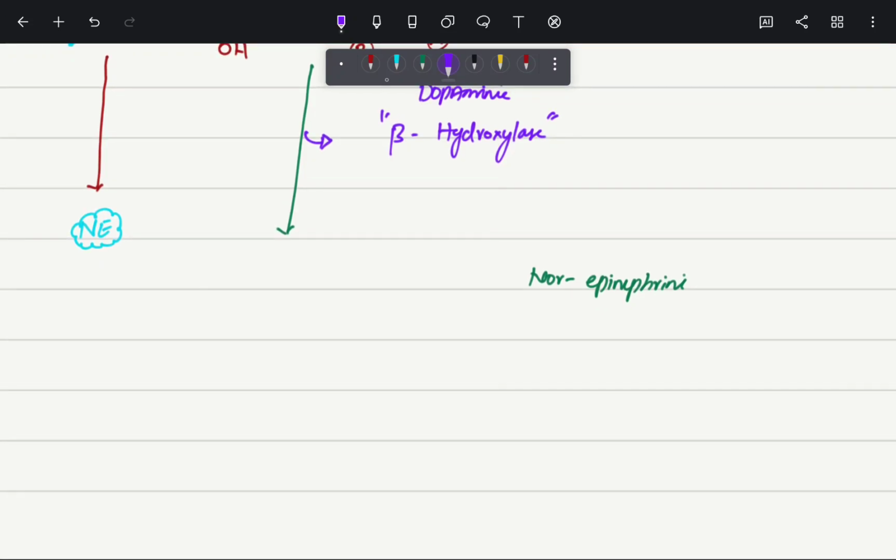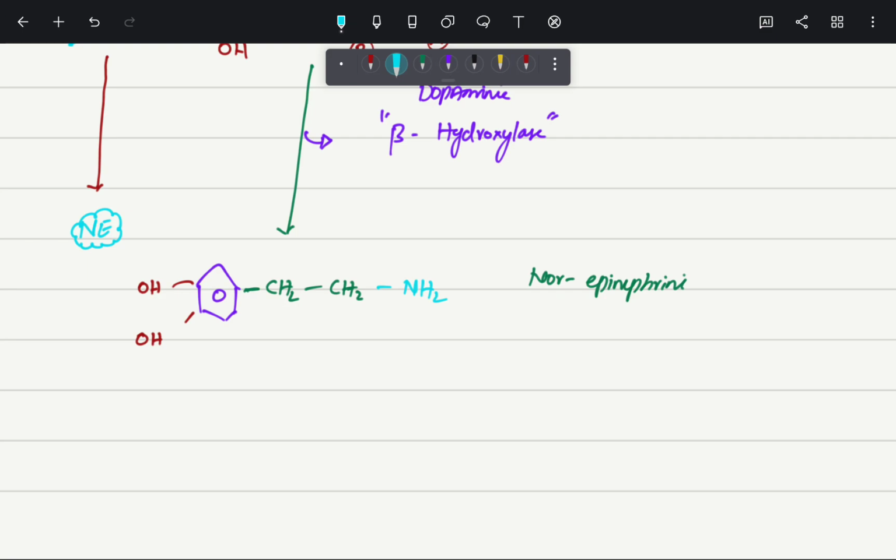In order to understand this, we are going to draw the structure of norepinephrine. So as you can see here, this is the benzene ring, and to this benzene ring we have hydroxylation at carbon number 3, carbon number 4, and I said that we have ethyl chains, right? And finally we have the amine group.